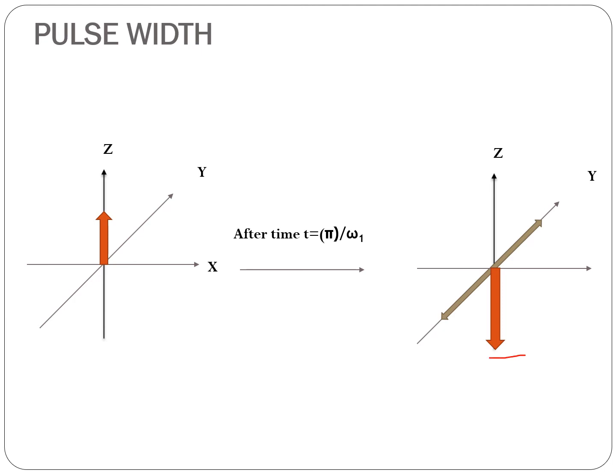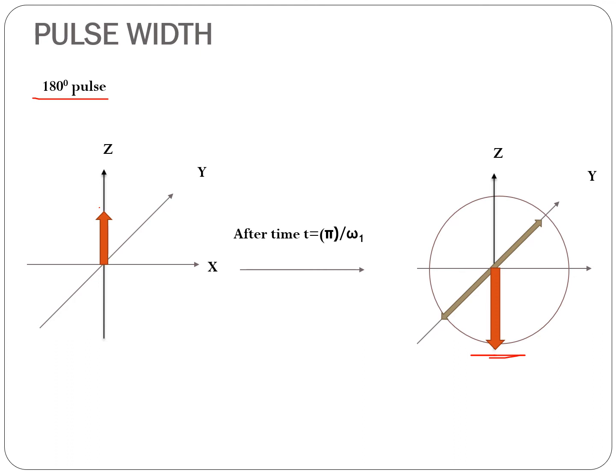So here it is in the negative state. This is the positive state and this is the negative state. So this is called a 180-degree pulse. That means we are giving a 180-degree pulse such that the bulk magnetization reaches the z-axis in the opposite direction. These types of pulses are called 180-degree pulses.